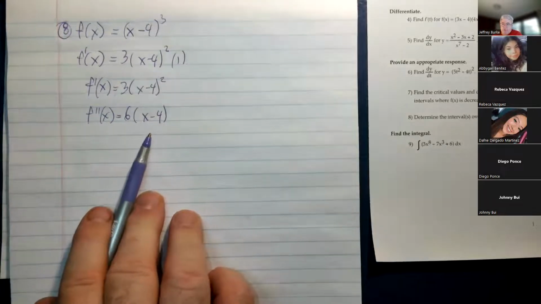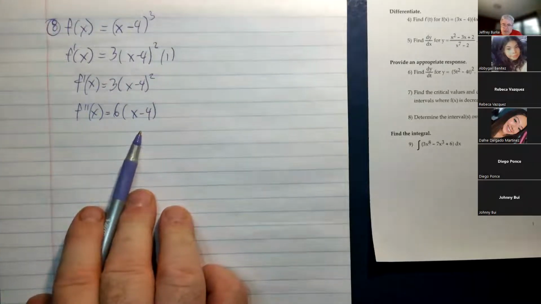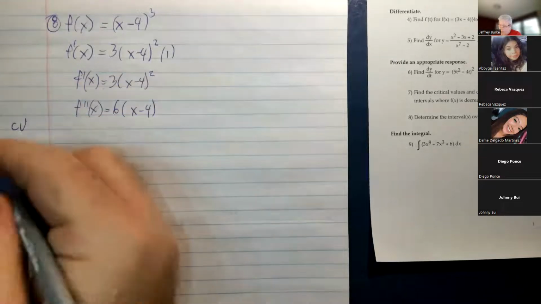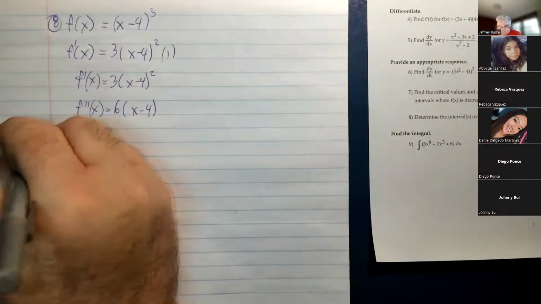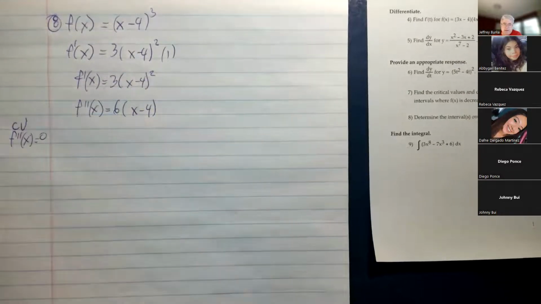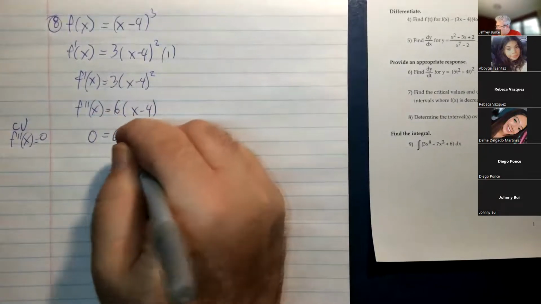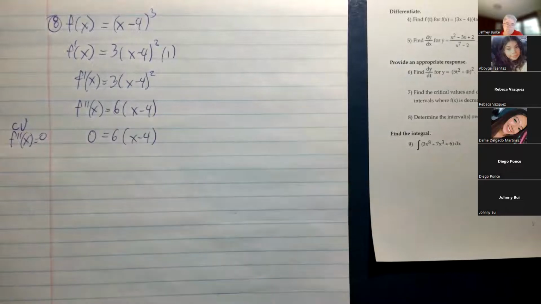If I want to find the intervals where this is concave up or concave down, for my critical values, I'll put CV, I want to set f double prime of x equal to 0. So 0 is equal to 6 times x minus 4.